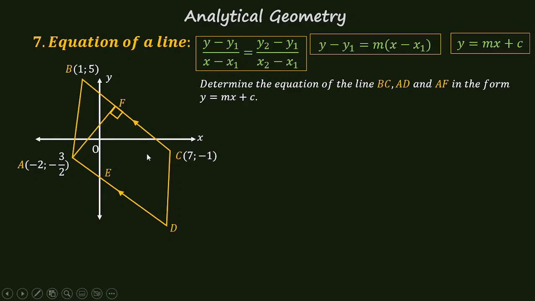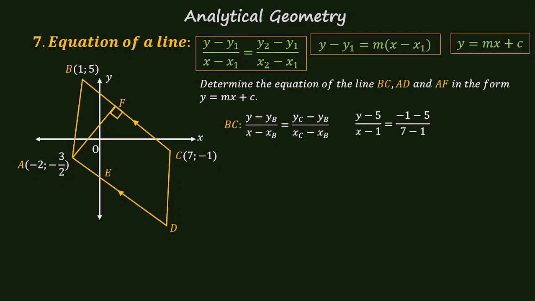Let's look at BC. The straight line BC, we have the point B with all its coordinates. We have the point C with all its coordinates. So in BC, we've been given 2 points. If you are given 2 points, we said you can use this approach, the 2-point method, to find the equation of a straight line. So in this case, all we have to do is substitute the right values.